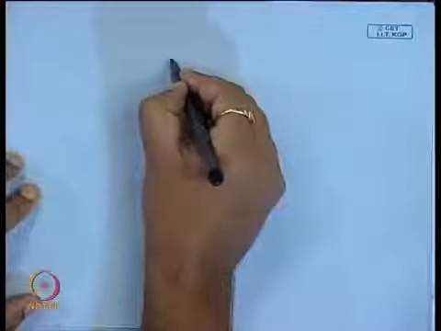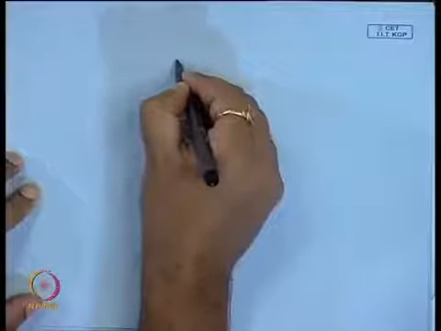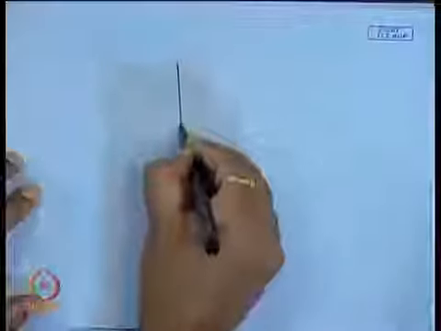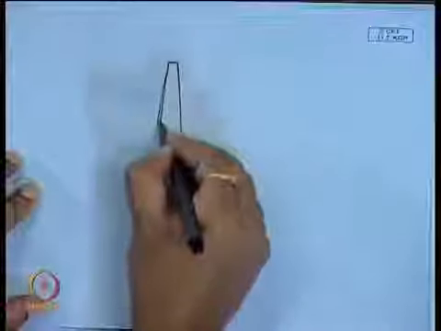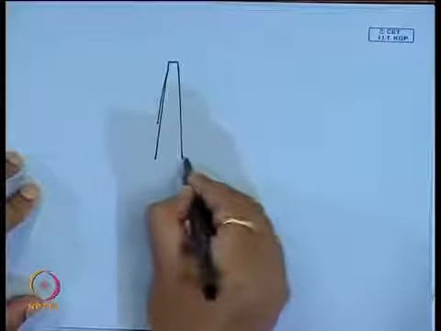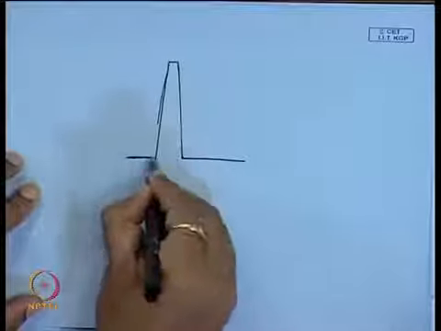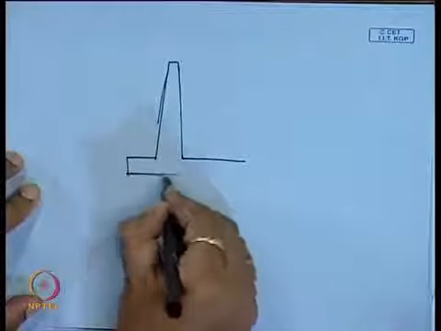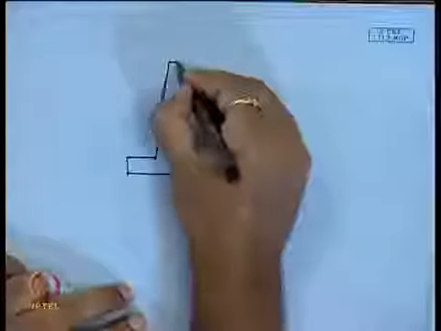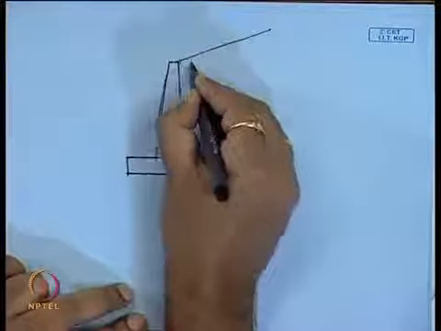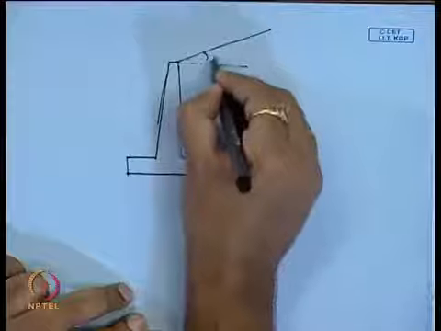Now, if I consider the total free body diagram, or the total forces, of this type of retaining wall, this is the vertical portion, so this is the retaining wall, and the backfill surface is making an angle i.